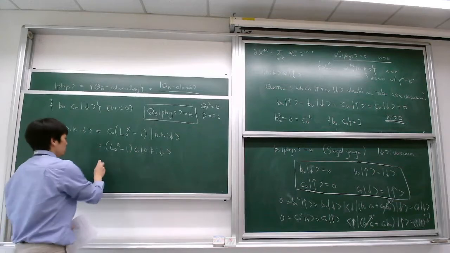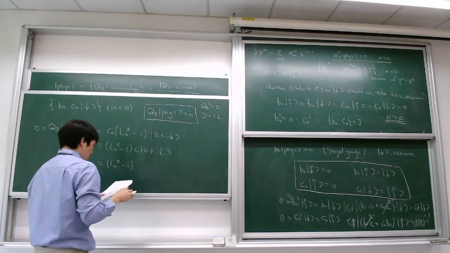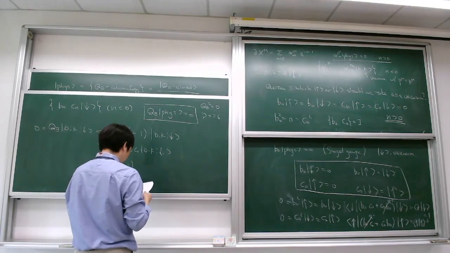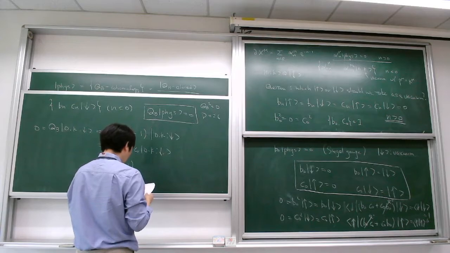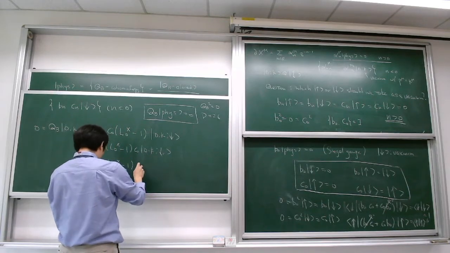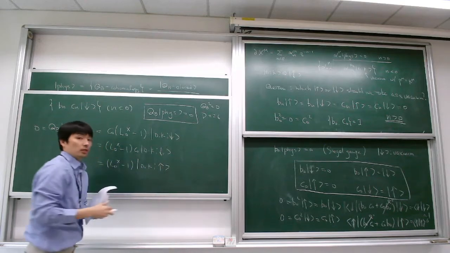This is equal to L naught X minus 1, and then L naught X acts on |0;k> and the down spin state.